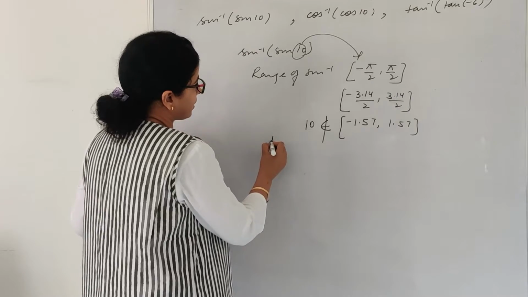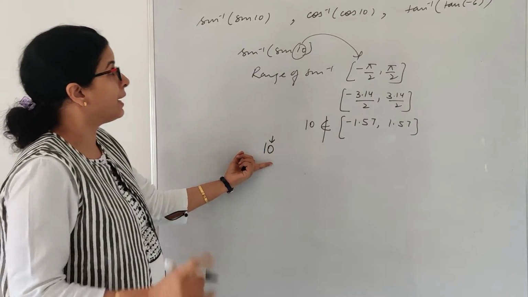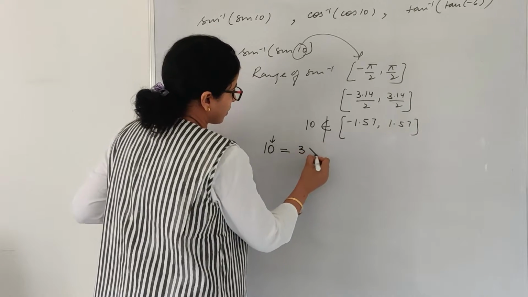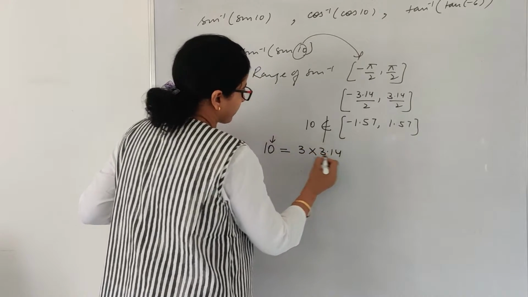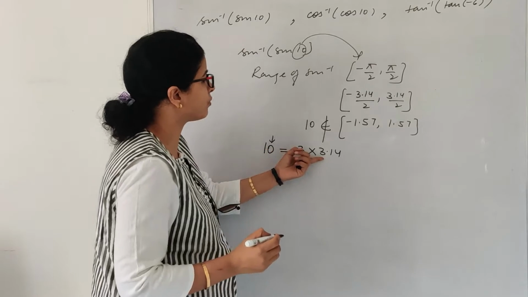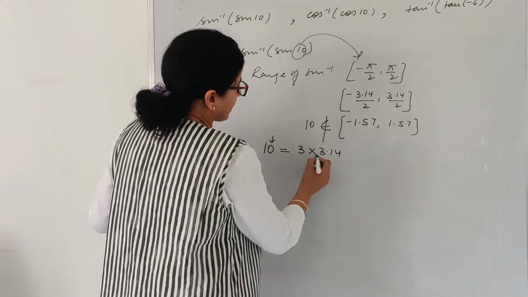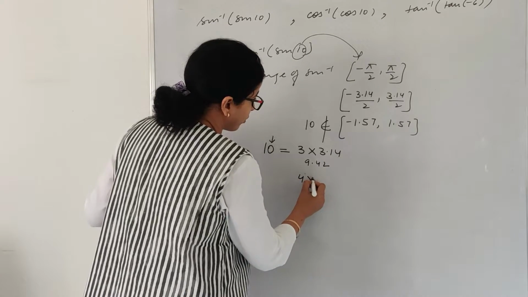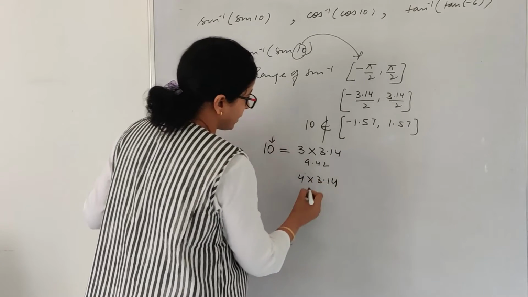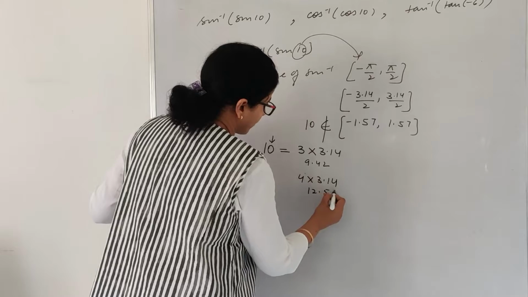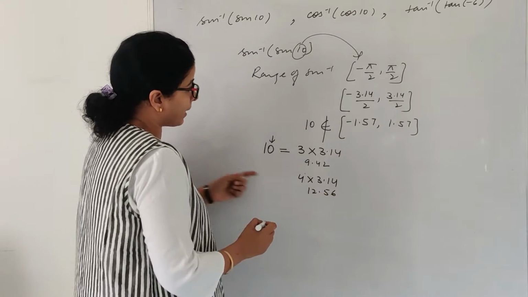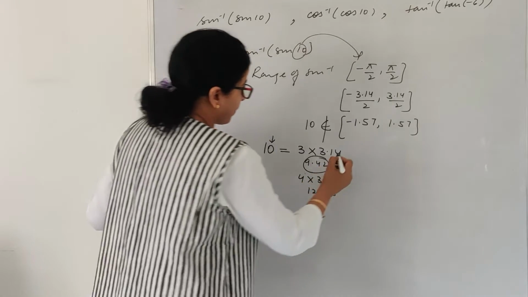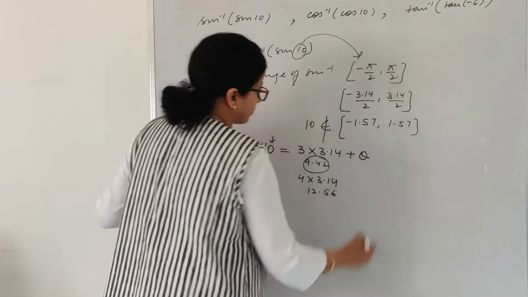I am going to write the multiples of pi near 10. 3 into 3.14 is 9.42. I can also write 4 into 3.14, which is 12.56. But the nearest is the first one, plus some theta value.